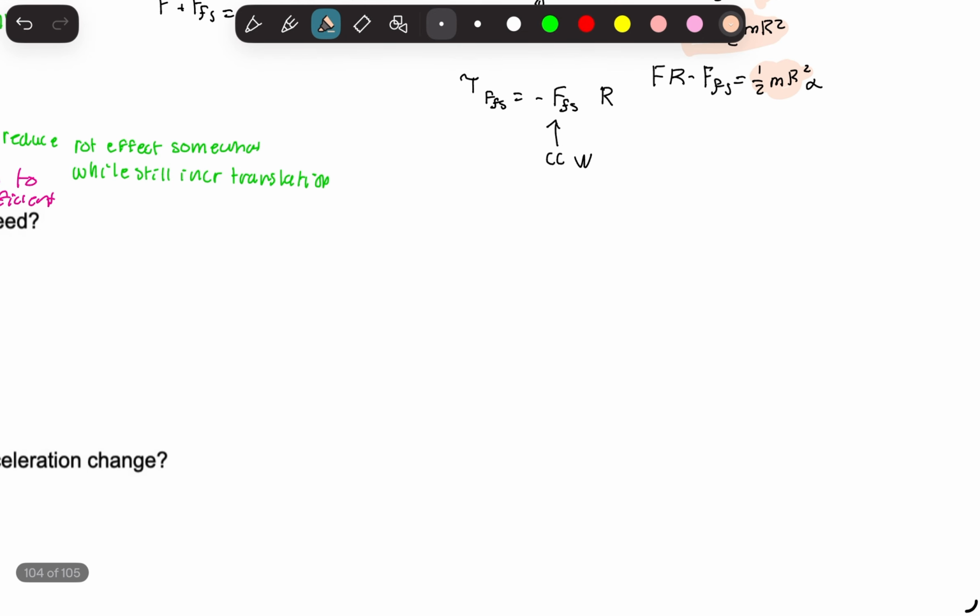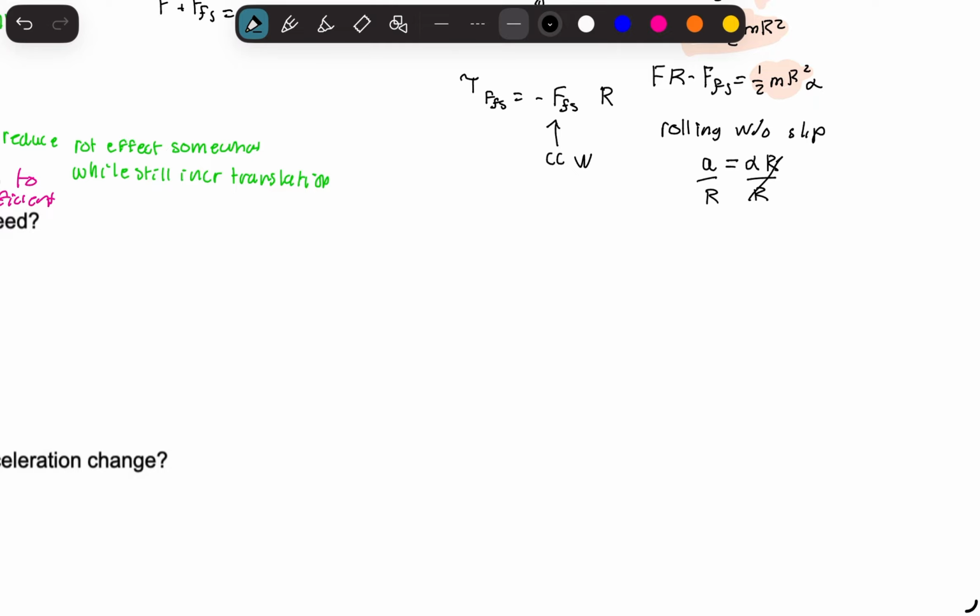And now you're going to use the rolling without slipping relationship, which is that your linear acceleration is equal to your angular acceleration times your radius. So if you divide both sides by r, you get that alpha is equal to the linear acceleration divided by the radius.